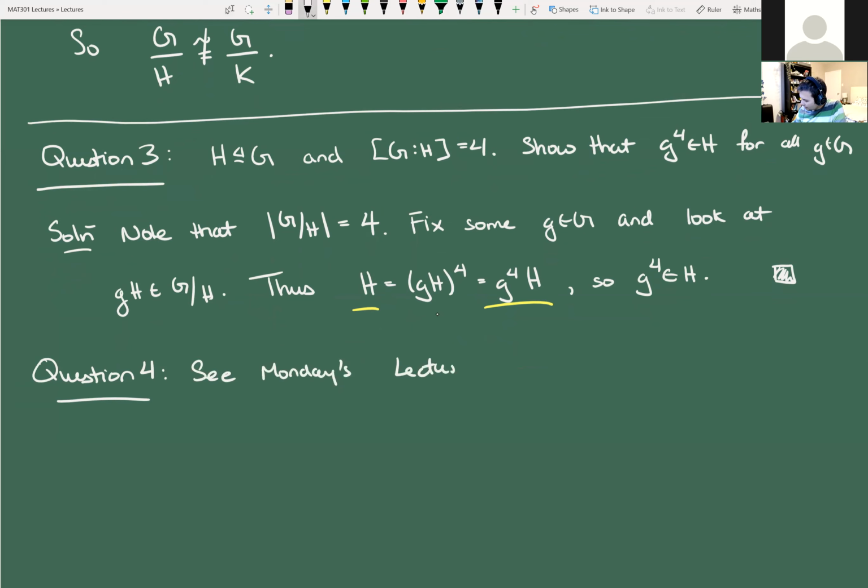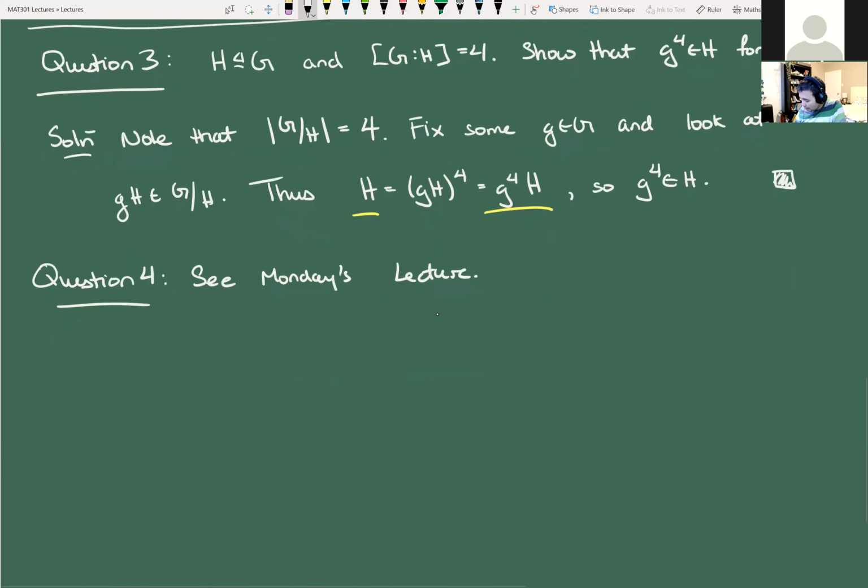I think it was the very last thing I did, where I said, take a look at these maps from G mod H into G mod N, and then I composed them and looked at their kernels and all of these sorts of things. So I did precisely proof 4 on Monday. So again, if you want, you can go check out the lecture that we did then. So let's move on to question 5.